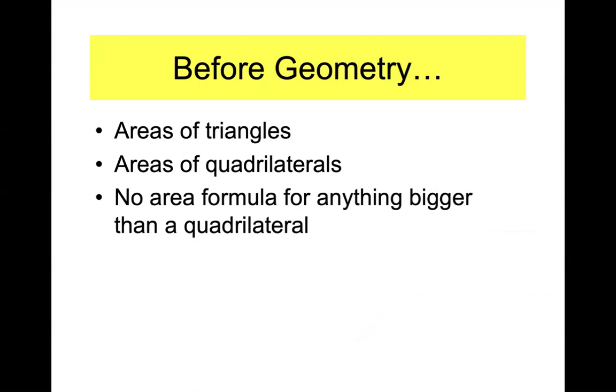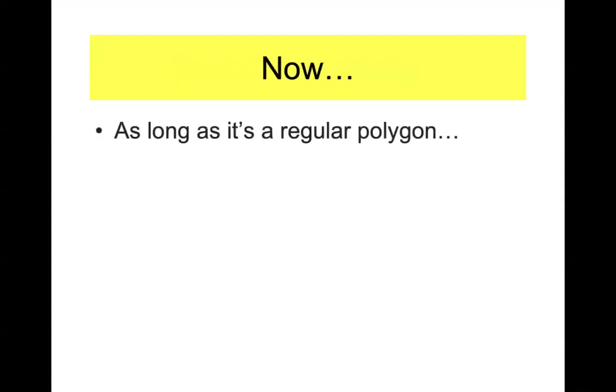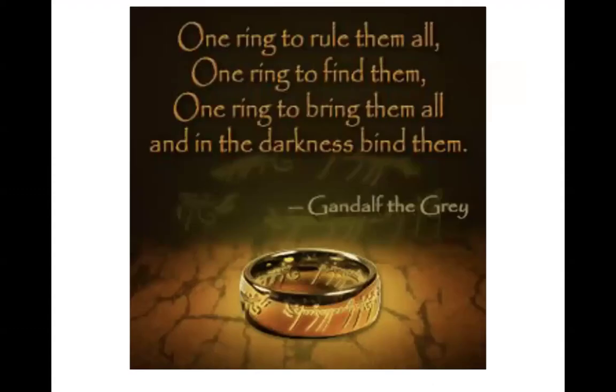So remember, we worked up from triangles to quadrilaterals, but anything bigger, we get one formula, and that's only for regular polygons. By the way, how would you do an irregular polygon? Well, you have to break it up into triangles or any other recognizable shape. But now we have a formula for regular polygons. As long as it's regular, there's the formula.